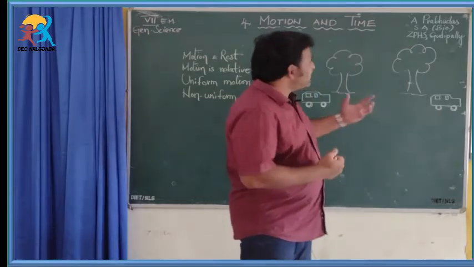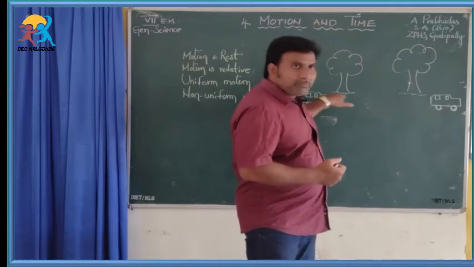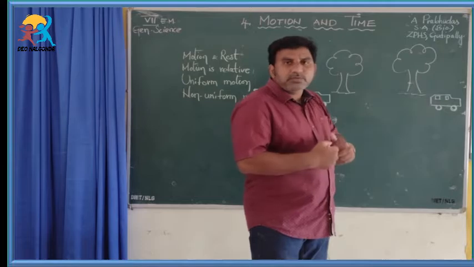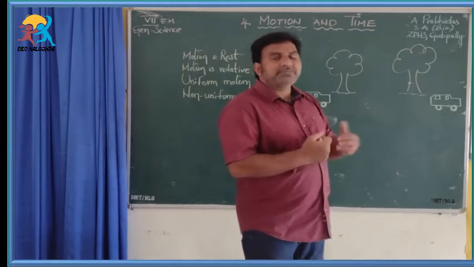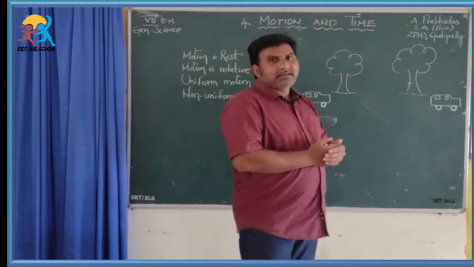Now, can you say which one is moving? Does the car move to the left of the tree, or does the tree move to the right of the car? Which one is moving? You cannot clearly say this.